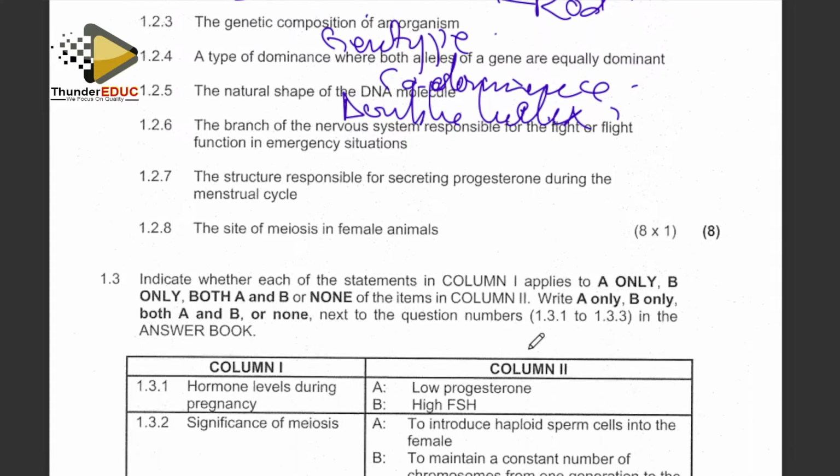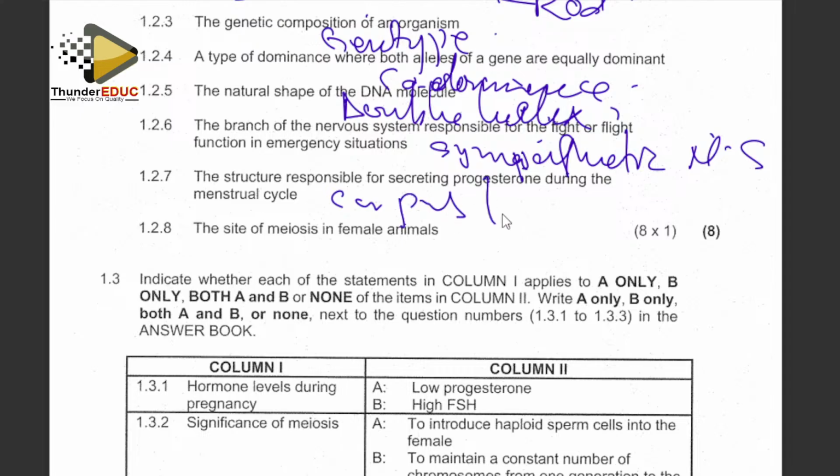They're saying the branch of the nervous system that is responsible for fight or flight function in emergency, we call it the sympathetic nervous system. The structure responsible for secreting progesterone during the menstrual cycle, we call it corpus luteum.